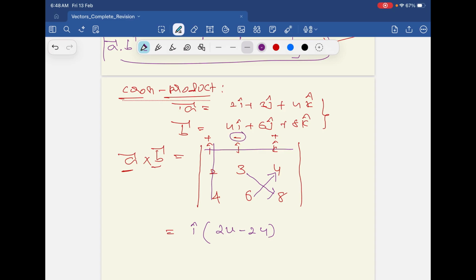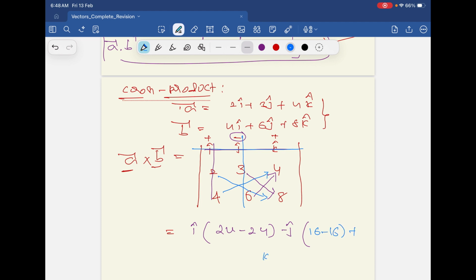Next, minus is here, so take minus j cap, same story. In which row and column j exists, forget that row and column. Remaining elements are 2 and 8 and 4 and this one. So 2 8s are 16, minus 4 4s are 16.